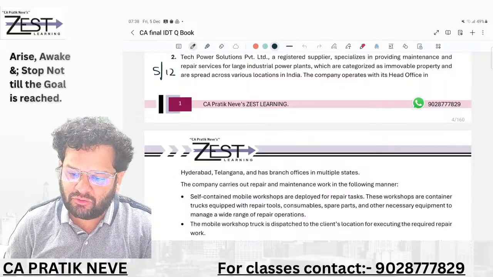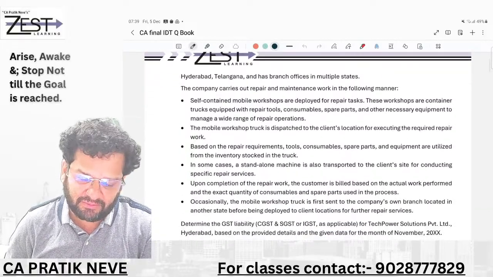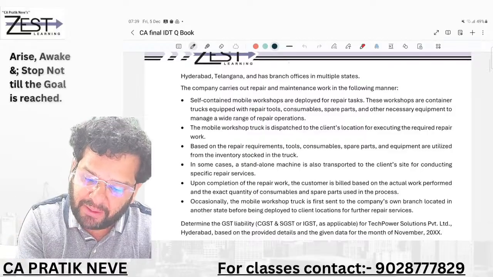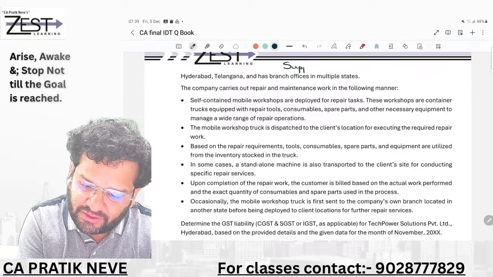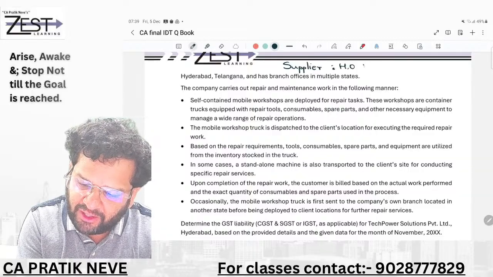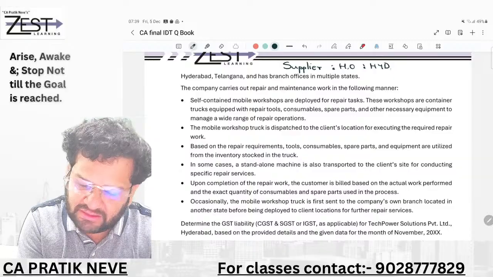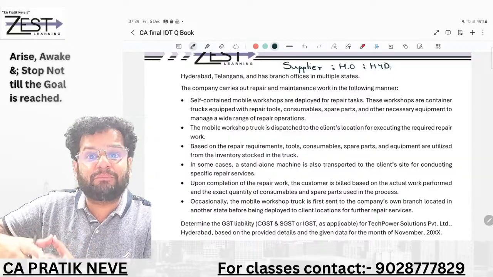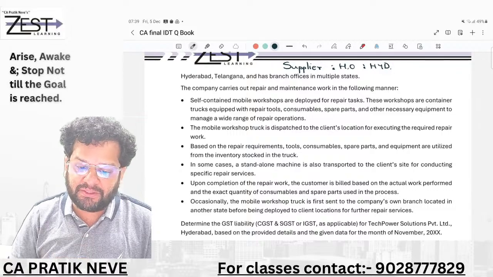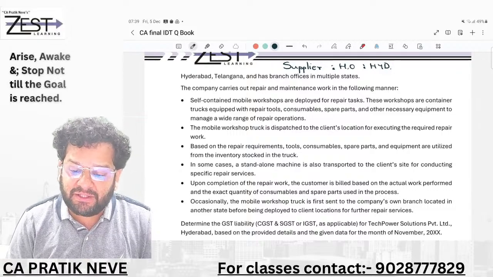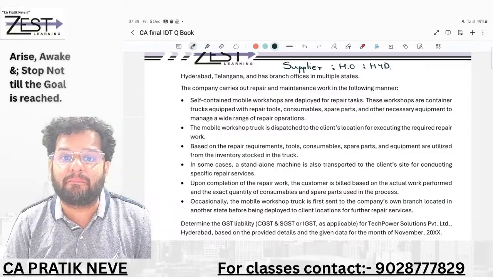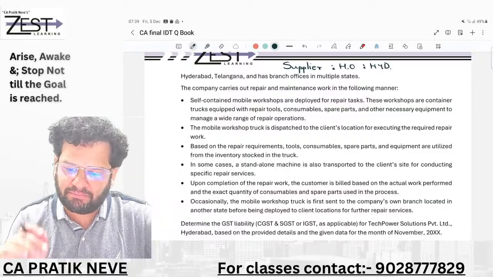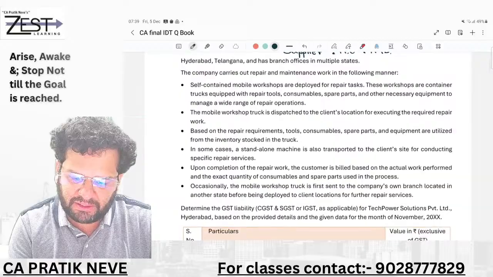The company operates with its head office in Hyderabad and has branches in multiple states. The company carries out repair and maintenance work in the following manner.